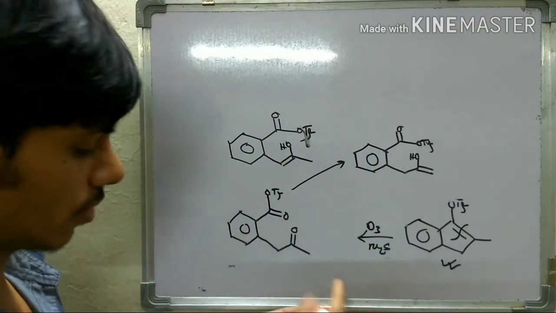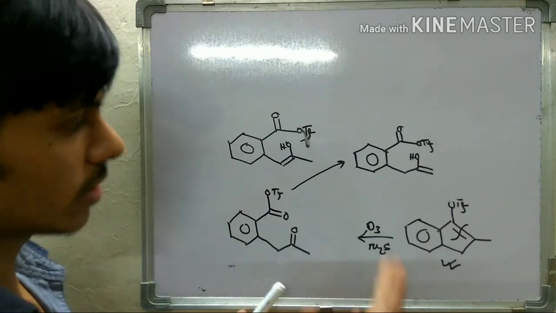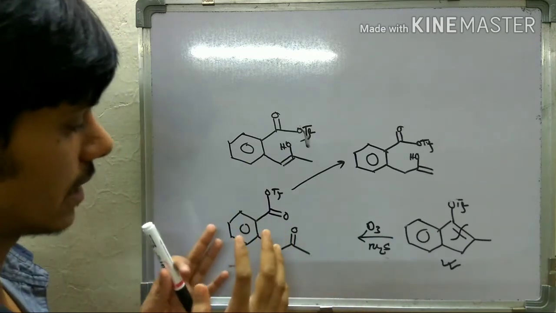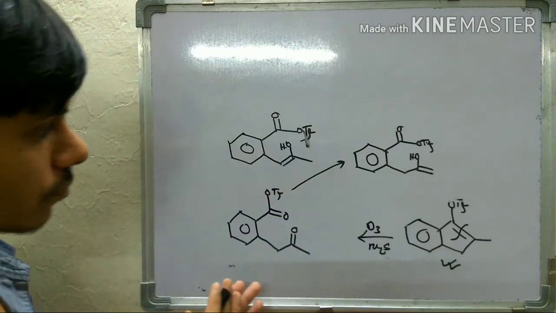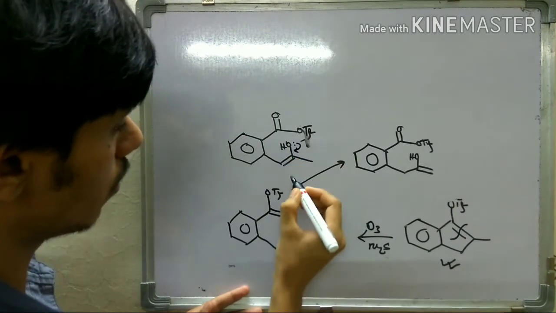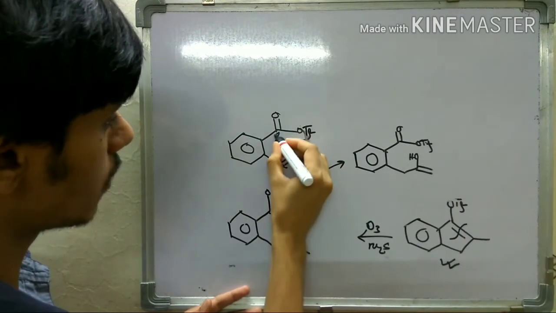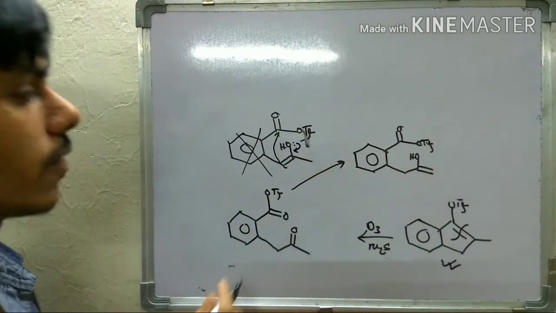This is natural enolization. You know that a little amount of enol is always there in equilibrium with the carbonyl, keto form. Now you can see if this oxygen pushes its lone pair here, attack can take place from here, but this will form a 1, 2, 3, 4, a 4-member ring. So this is not a favored case.